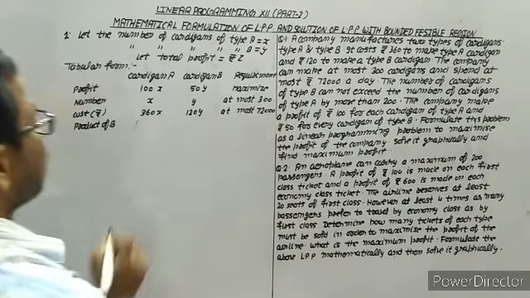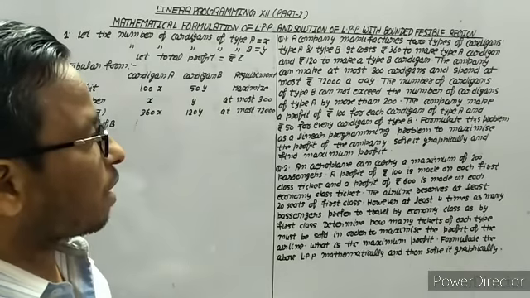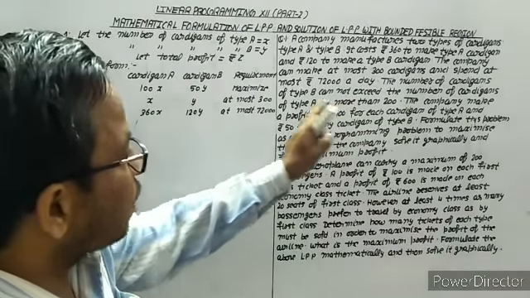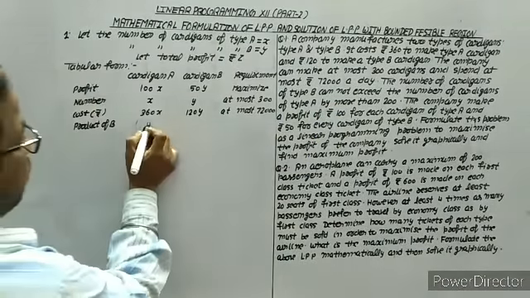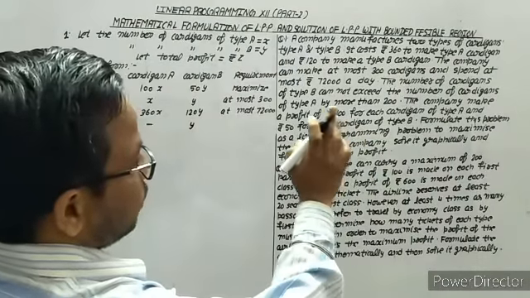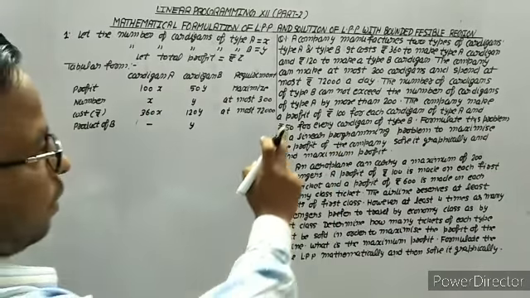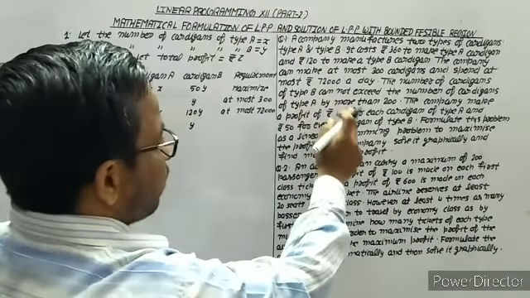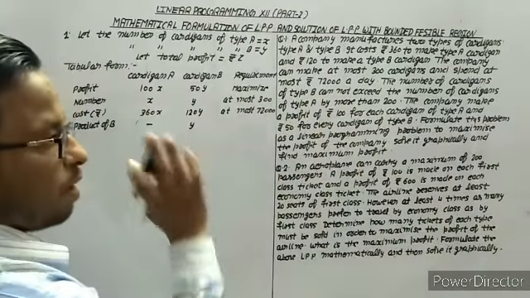72,000. Now another condition is on the number of cardigans of type B, that is y. It cannot exceed the number of cardigans of type A by more than 200.